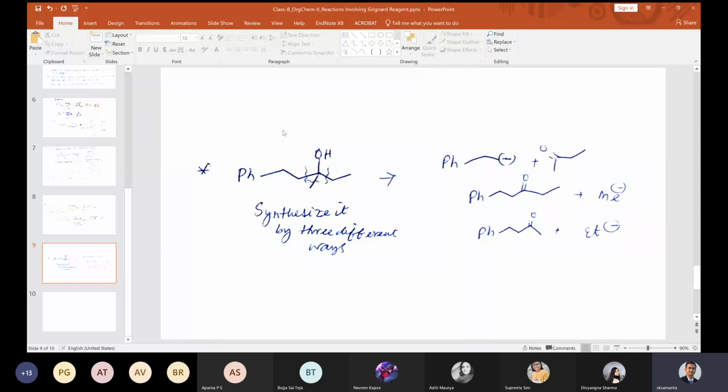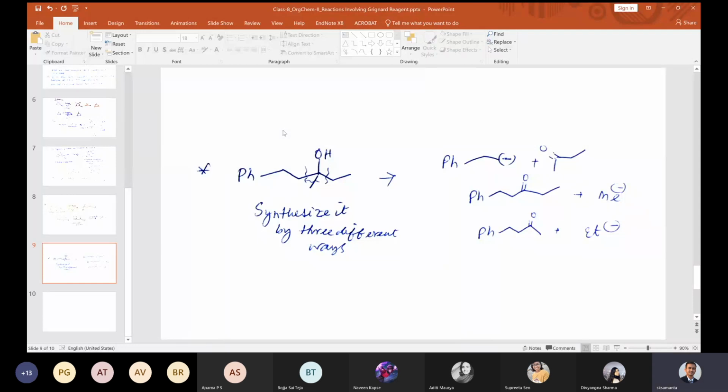What does the retrosynthetic approach indicate? The retrosynthetic approach includes a disconnection approach. What is this disconnection approach?